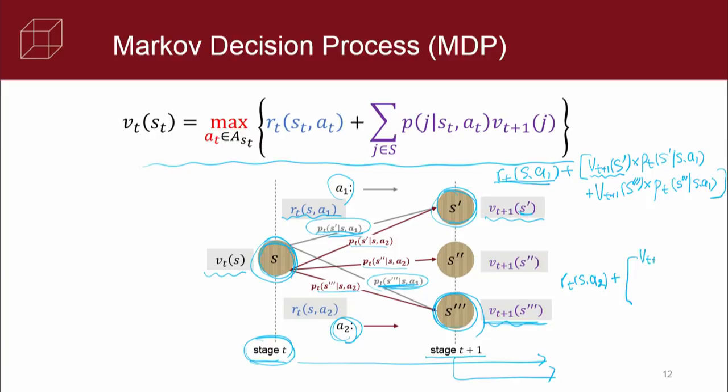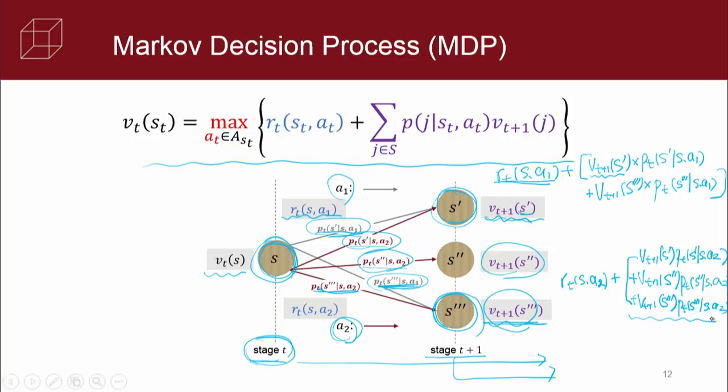You will receive this remaining total expected reward with this probability, Pt(S prime | S, A2), plus Vt plus 1 of S double prime with the probability Pt(S double prime | S, A2), plus Vt plus 1 of S triple prime with the probability Pt(S triple prime | S, A2), right?